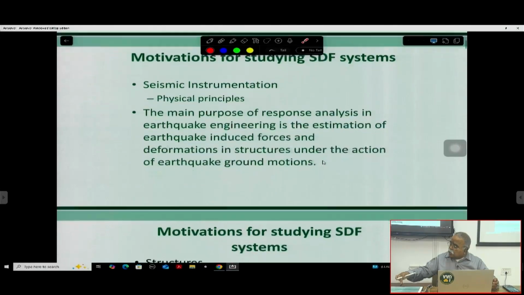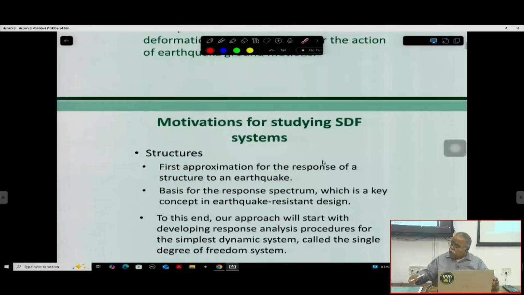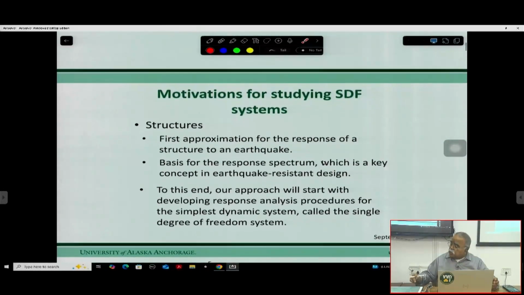As I said to you last time, the structure is a first approximation for the response to an earthquake. That is what we were trying to do. The basis of this response spectra is the key concept of earthquake resistance design.